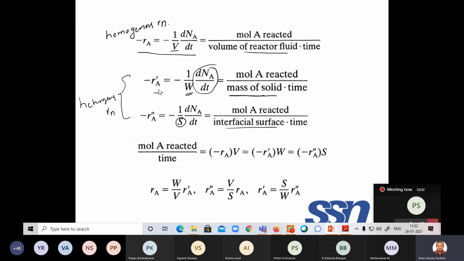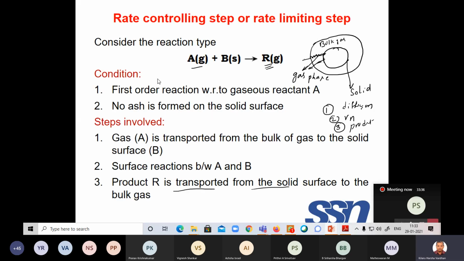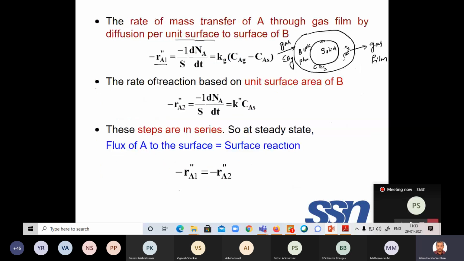If you are writing for a mass of solid, you generally put one dash. This is the usual notation. The 1 tells it is for the first step. RA, A is the gas here, is minus 1 by S into dNA by dt, where S is the interfacial surface area at this point.